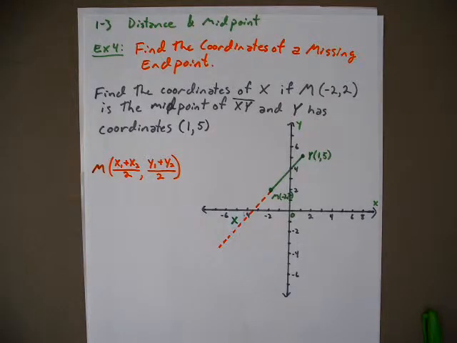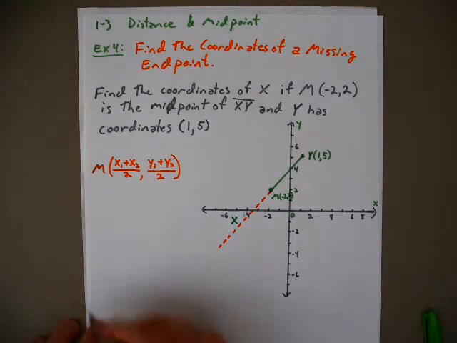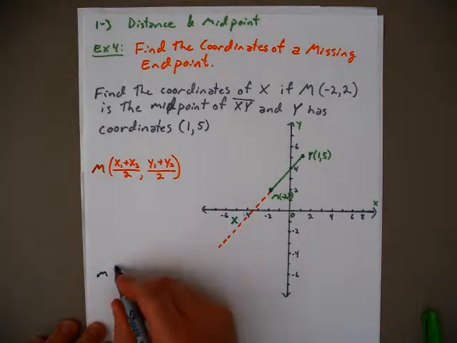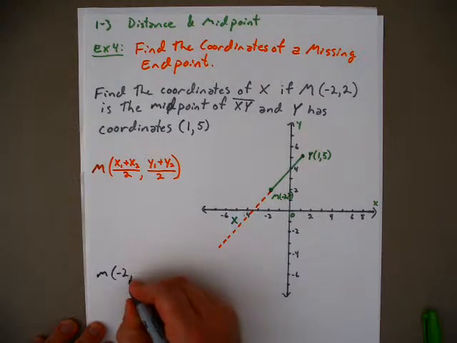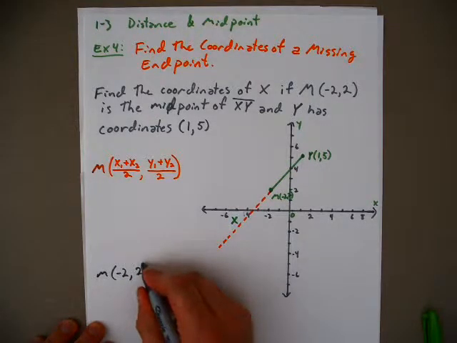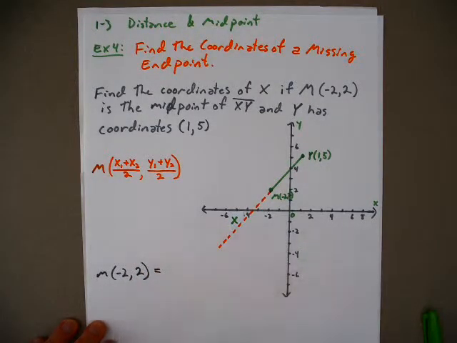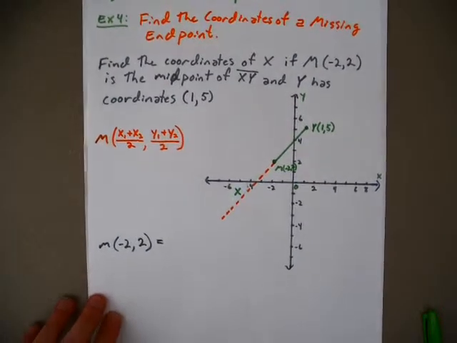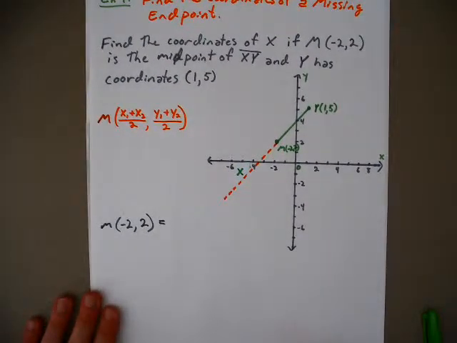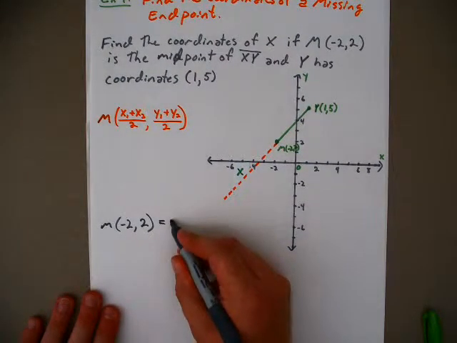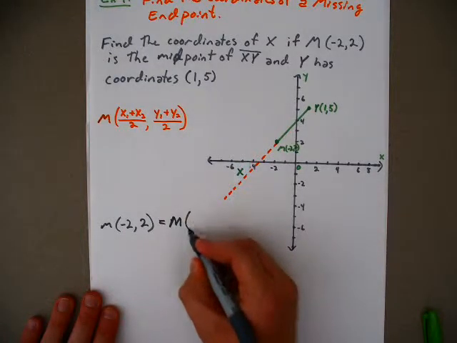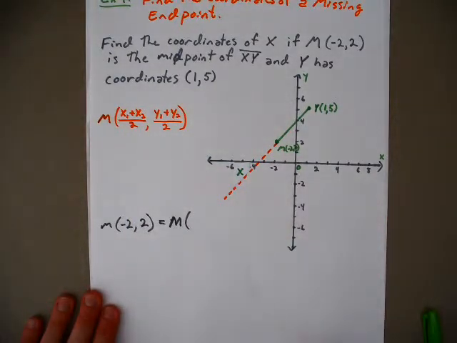Well, in this particular example, we already have our midpoint. We already know what M is. I already know that M is negative 2, 2. And what I'm going to do is set this equal to my midpoint formula, and I'm going to plug in the information.